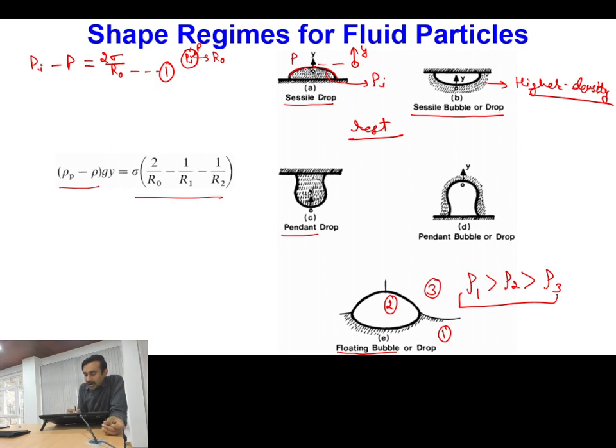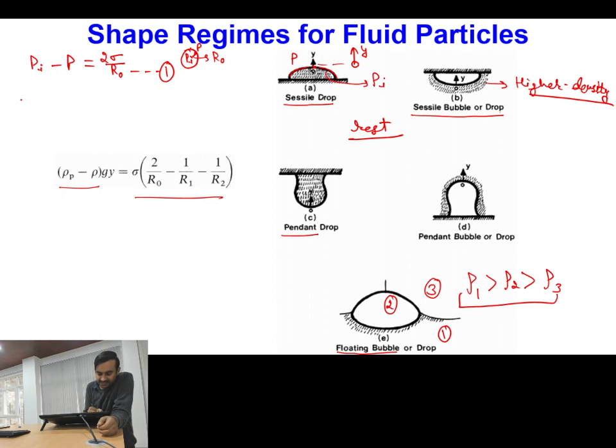Whenever I am talking about pressure variation within the particle, the hydrostatic pressure variation will be because of the density difference between the two phases and the height parallel to the gravitational direction.